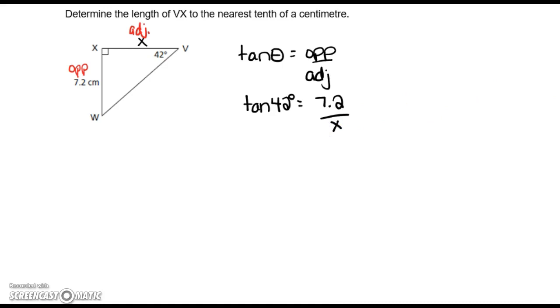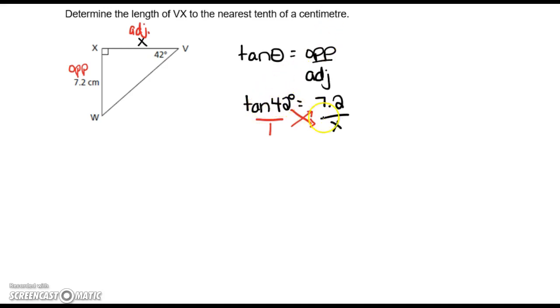We need to manipulate our equation to make sure our variable is in the numerator. First, if we write tan 42 over 1, then we have two fractions equal to one another, which means that's a proportion, and with proportions, we can use cross multiplication to solve.